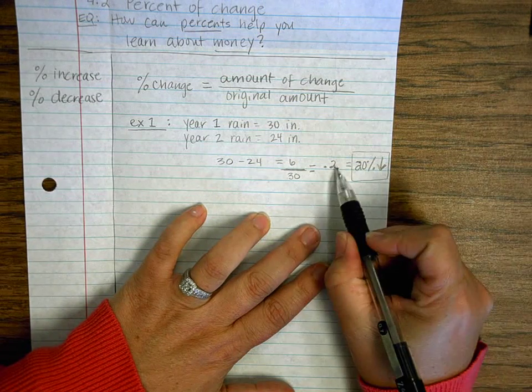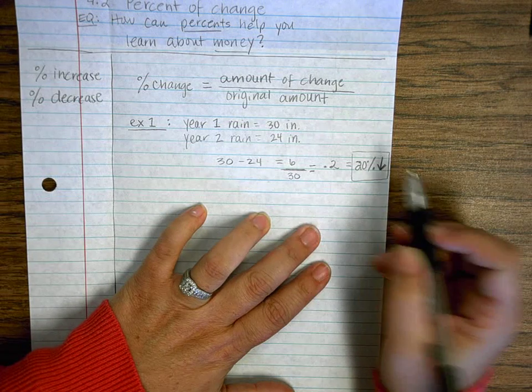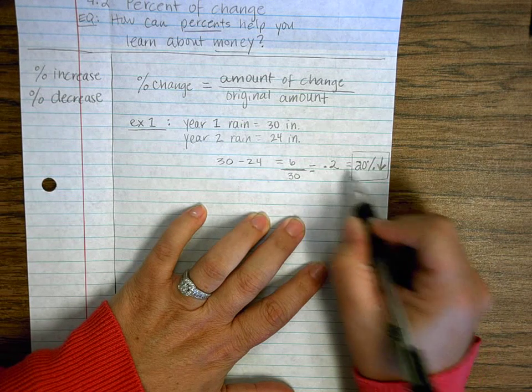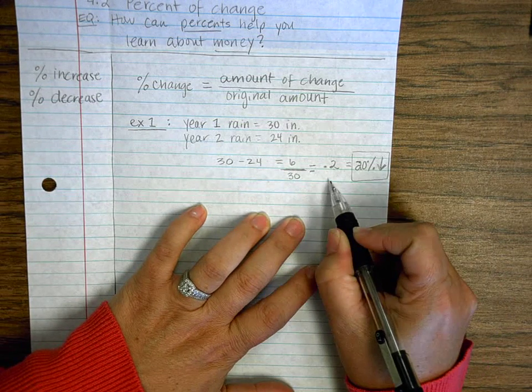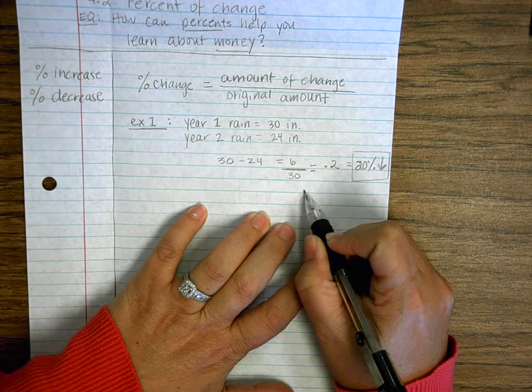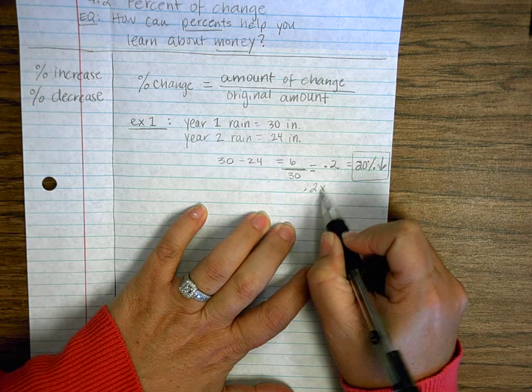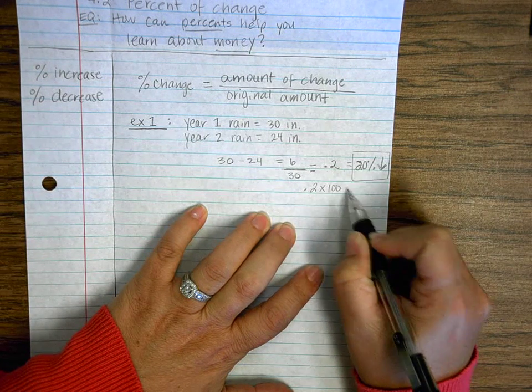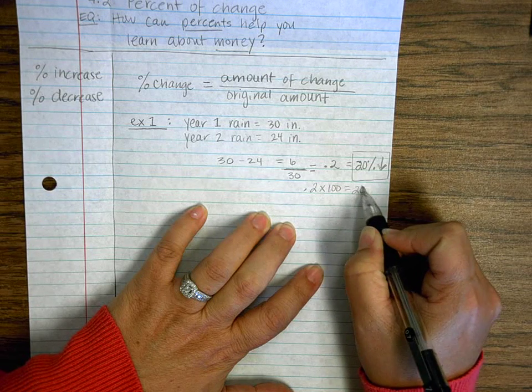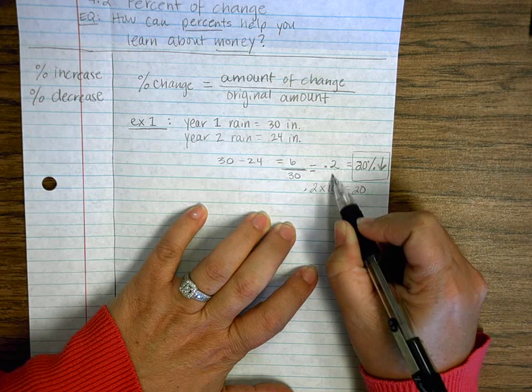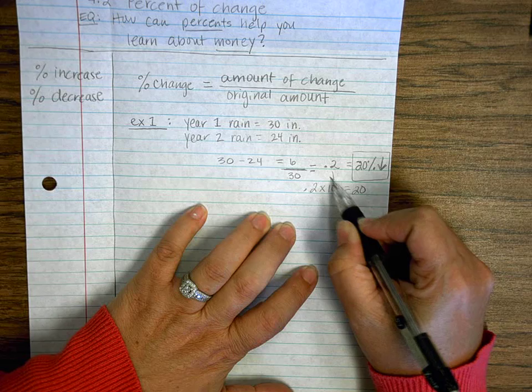If you guys forget how to change your decimal into percent, you can multiply that by 100. Do you remember that trick from 6th grade? Yeah. So you could do 0.2 times 100, which gives you 20. Alright? So if you need to know that, draw yourself little arrows.